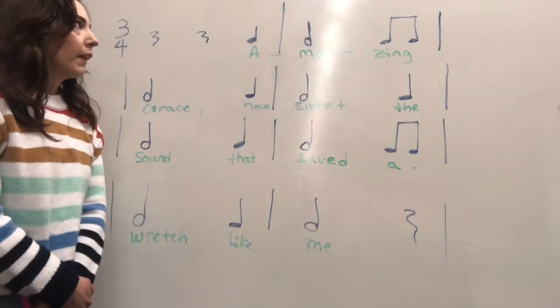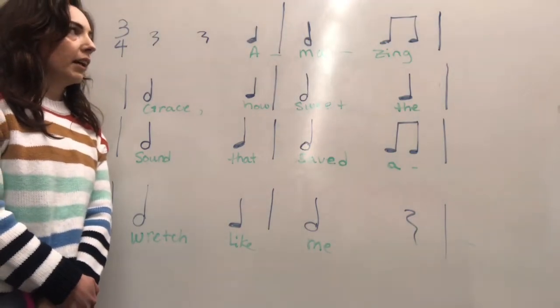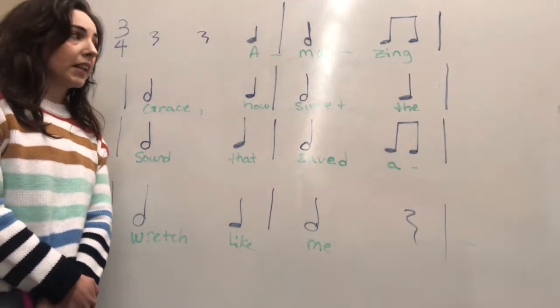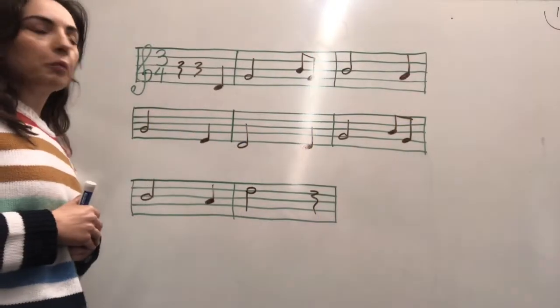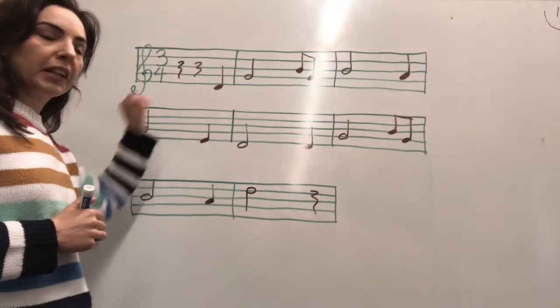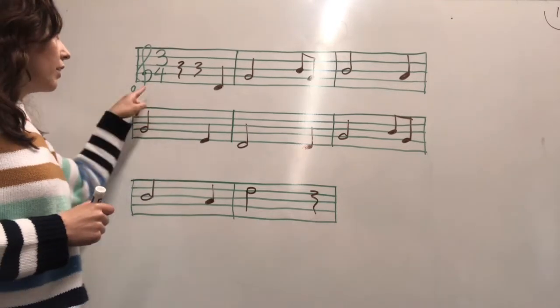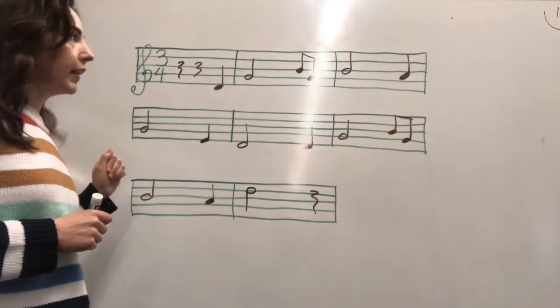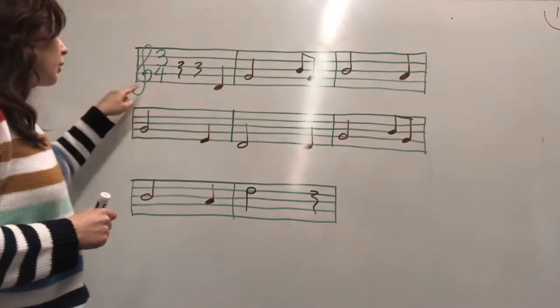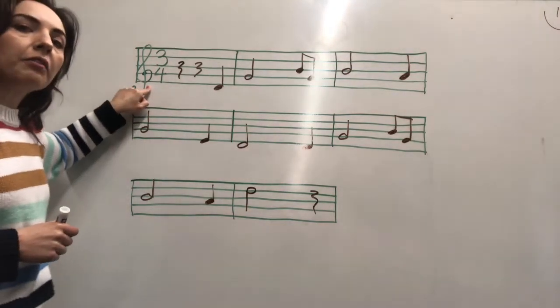Now, let's go ahead and put this on the staff. All right, so now we've put the rhythms of Amazing Grace up on the staff, and this is how we write music on a staff. We make sure and we put our clef first.